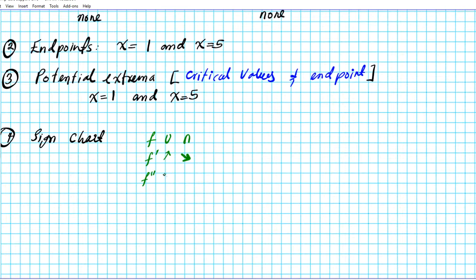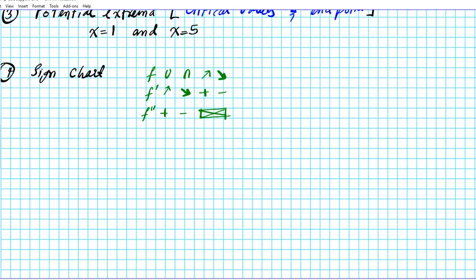F double prime is positive when F is concave up, and negative when F is concave down. When F is increasing, F prime is positive. When F is decreasing, F prime is negative. So there goes our FUN chart that we're going to be using to describe the behavior of this function around these endpoints after determining what the sign is. Alright, so let's go ahead and create our interval.